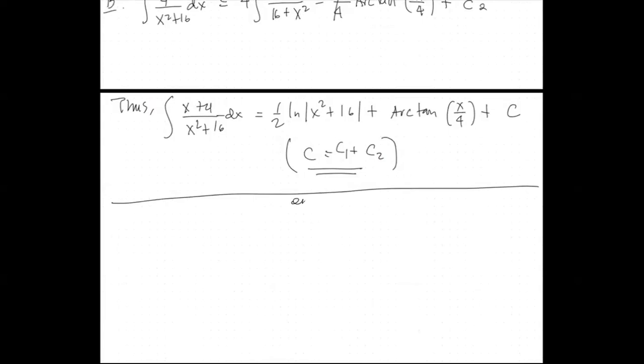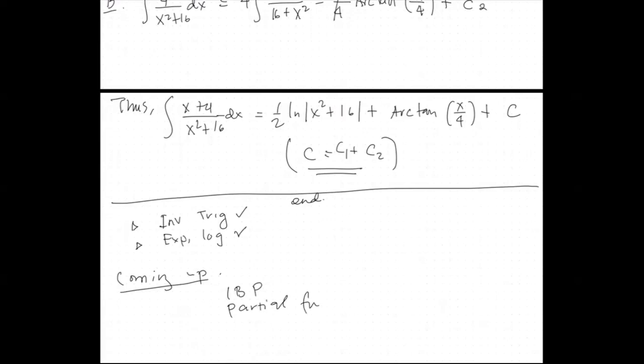So here is the end of our notes. Let's check the goals. Goal number 1 is inverse trig. Are we okay? So okay tayo doon. We have exponentials and logarithmic. Okay rin. And then coming up next are the following. We will have integration by parts and integration by partial fraction.